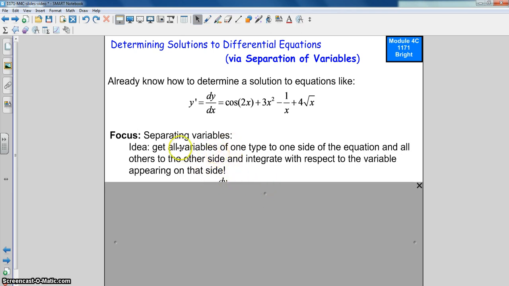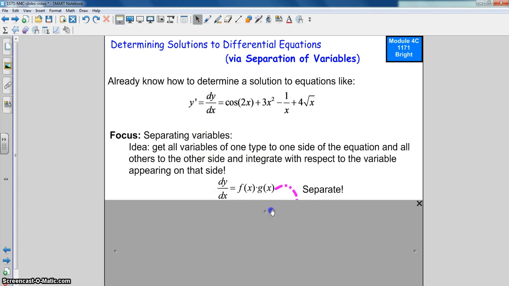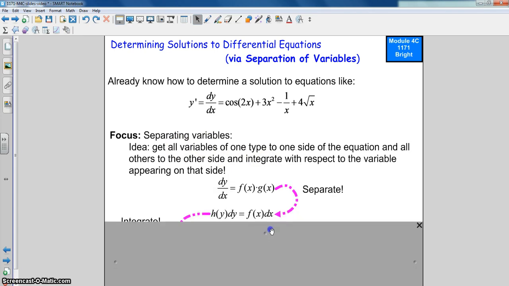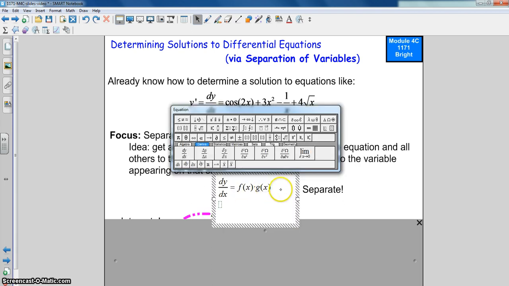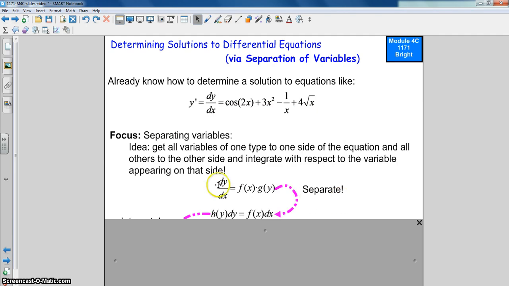What we're going to do is first get all the variables of one type to one side of the equation and all the others to the other side. Here we have dy/dx = f(x) g(y).